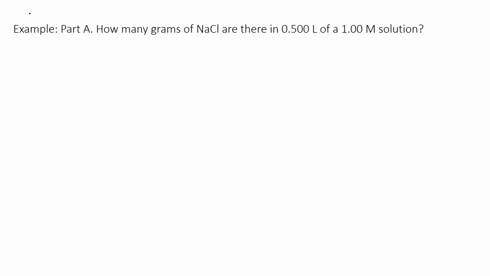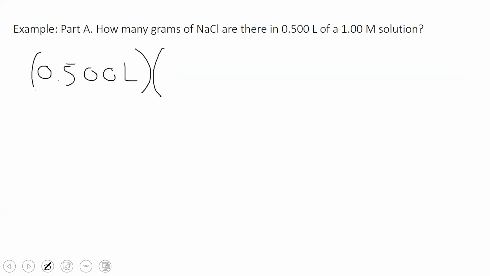And so here, something that we want to keep in mind, and we'll talk a little bit more about this in a minute, is the fact that if you multiply a volume times a concentration, so in this case, if we multiply the 0.500 liters, so there's our volume, by the concentration, 1.00.